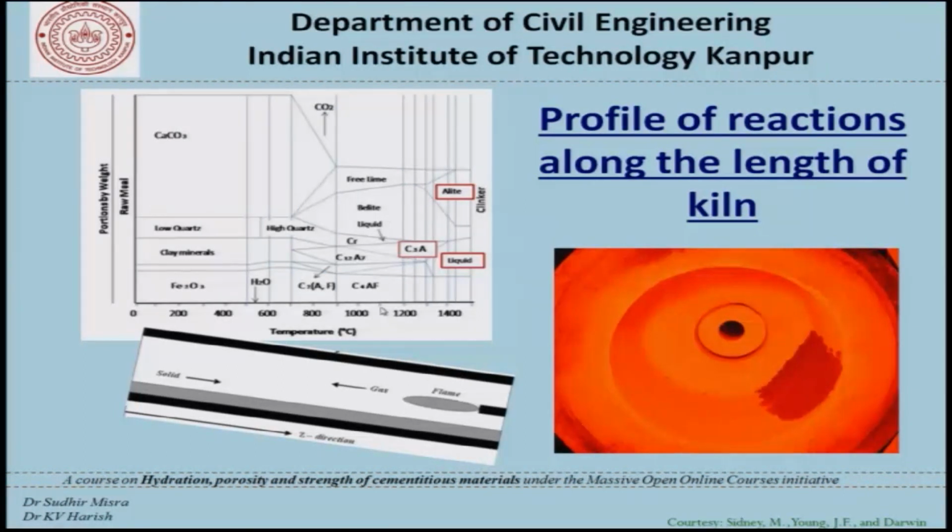And at temperatures above 1200 degrees Celsius, C3A, that is tricalcium aluminate, and C3S or alite, these two compounds are primarily formed through sustained heating, and at temperatures of the order of 1400 degrees Celsius, typically the entire mixture is in the form of liquid.